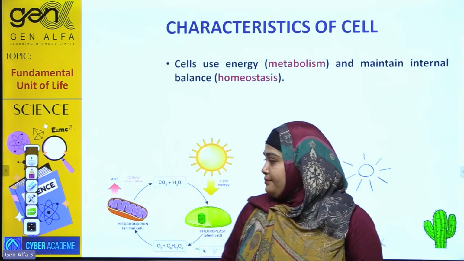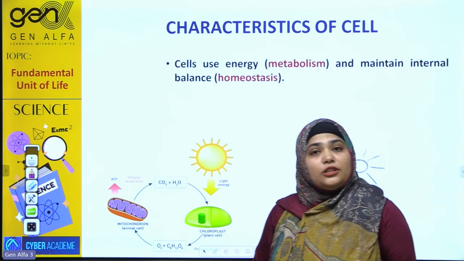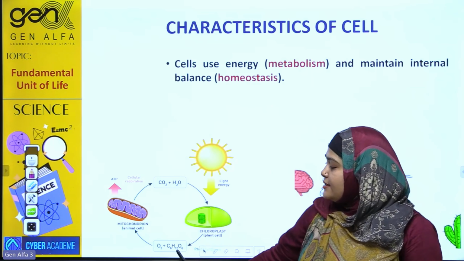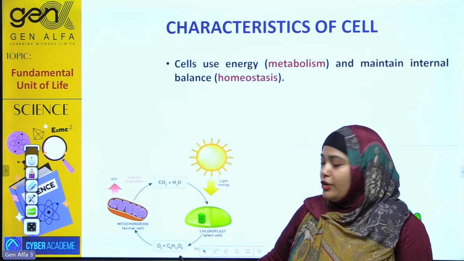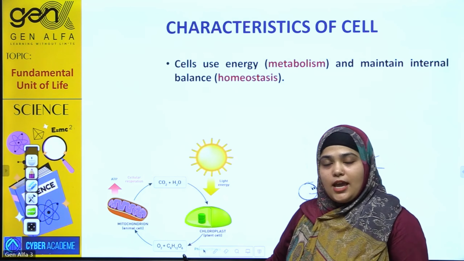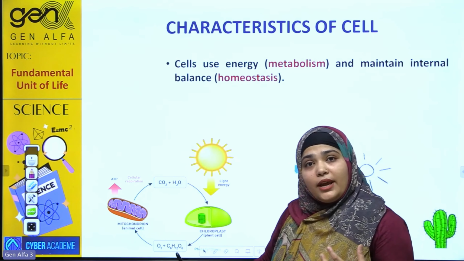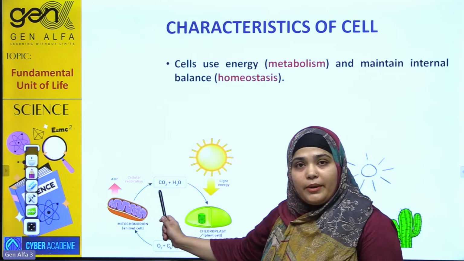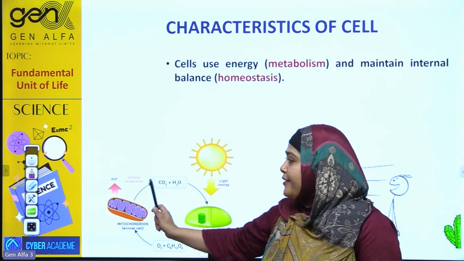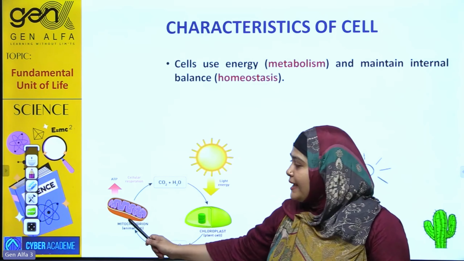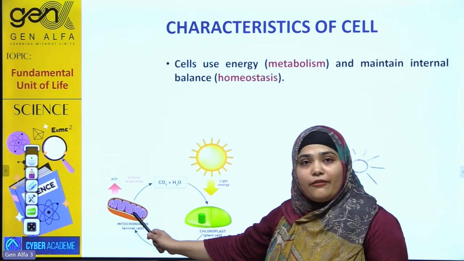Look here, what happens actually during the process of metabolism. This is the molecular formula of glucose, C6H12O6. And glucose in presence of oxygen is broken down into carbon dioxide and water and releases energy in the form of ATP, inside the cell powerhouse.